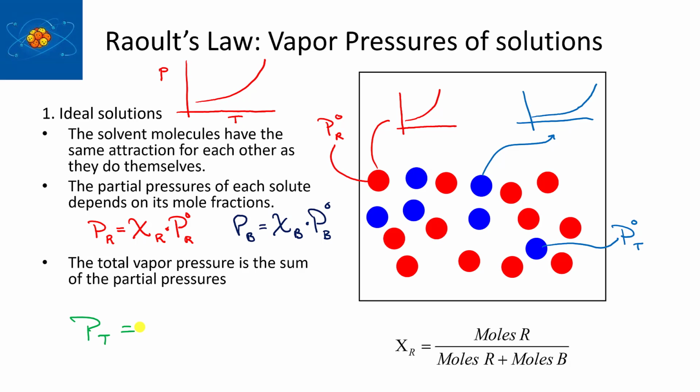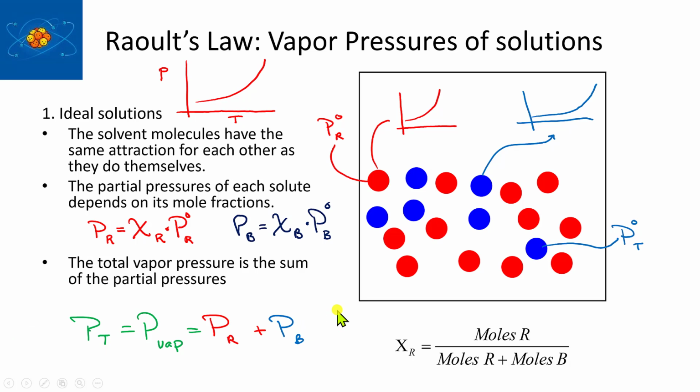And to get the total pressure, we simply say P total. This would be the vapor pressure above the liquid, so this would be the vapor pressure above the solution. That would be equal to the partial pressure of the red plus the partial pressure of the blue.